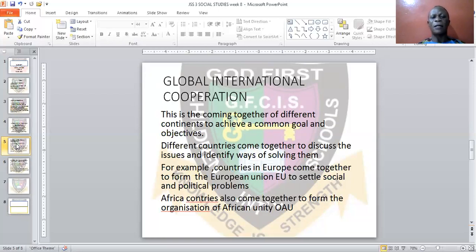In Africa, continents also come together to form the Organization of African Unity, that is OAU. These are the places where important issues or problems will be ironed out on the round table, discussed and settled.